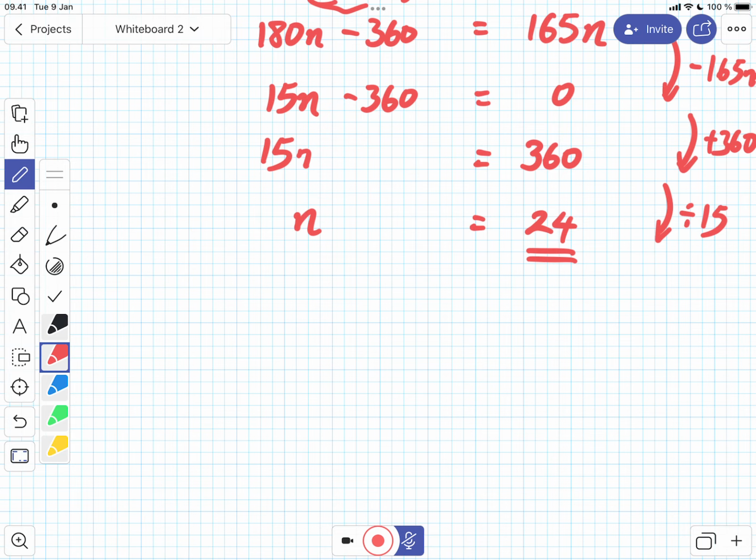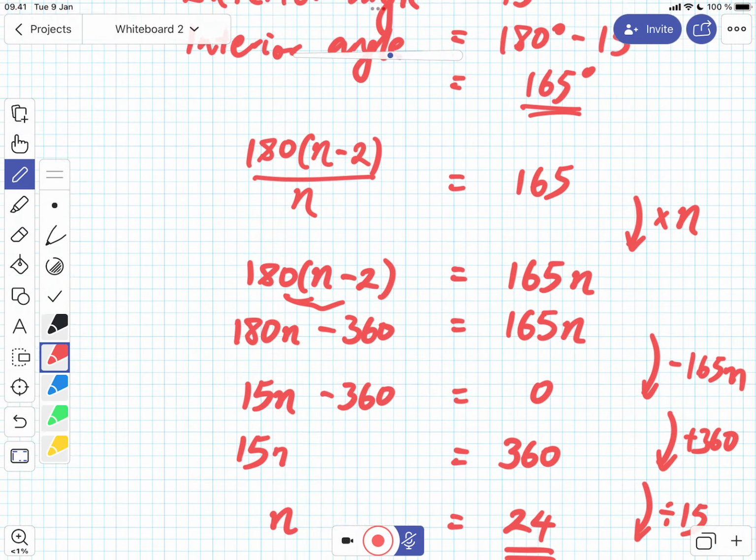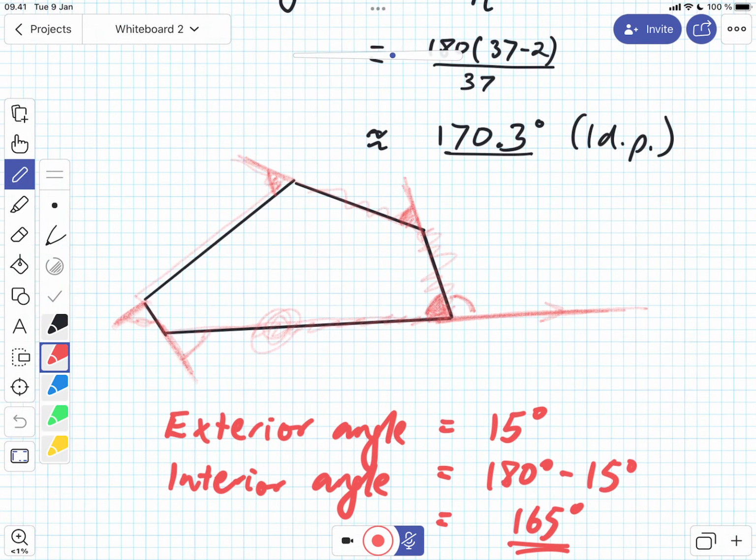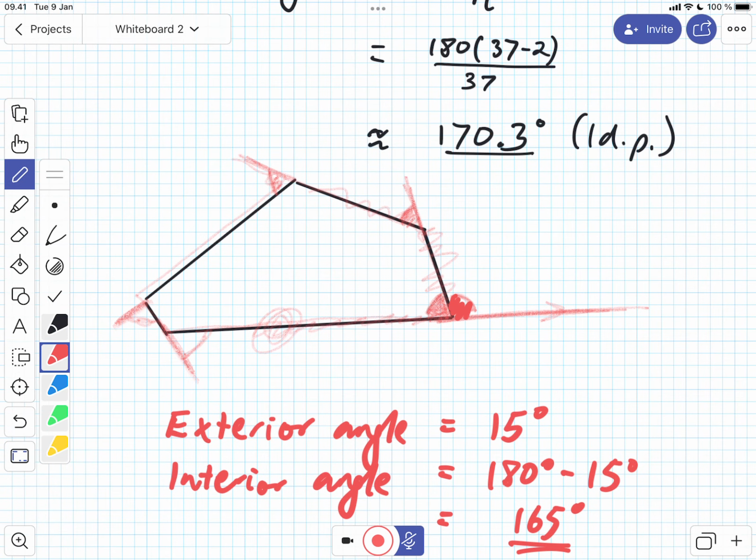So that's one way of doing it. There's a slightly smarter way of doing it, and that's when you remember that the exterior angle sum is always 360. The exterior angles always add up to 360.